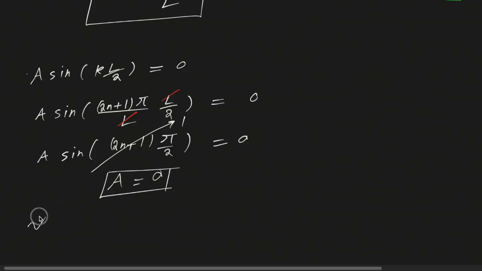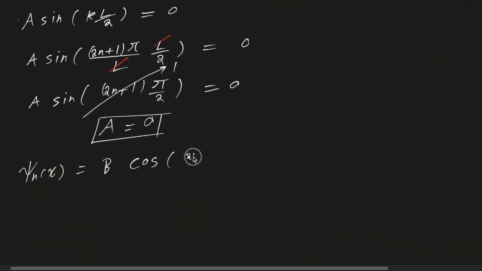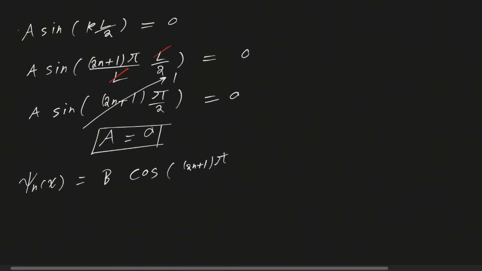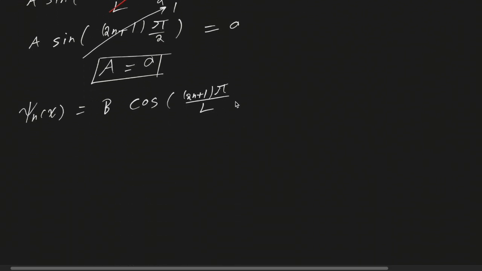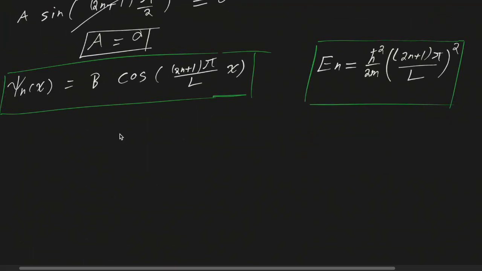And so you get psi n of x in this case will equal b cosine k x, where k in this case is 2n plus 1, so it's going to be 2n plus 1 pi over L multiplied by x. And your energy eigenstates are as follows.